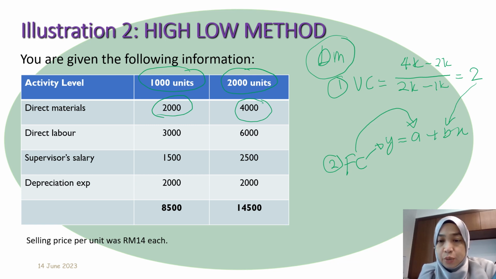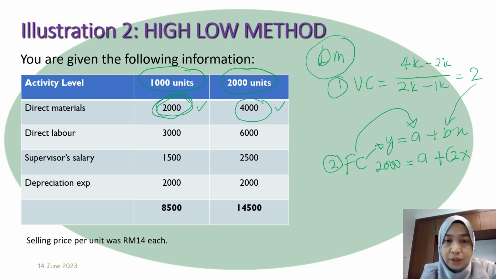Okay, let's say for y, total cost, you can take either 2,000 or 4,000 ringgit. Let's say you take y equivalent to 2,000 ringgit. That means a is constant, fixed cost, plus b is 2 ringgit just now. Now when y is 2,000 ringgit, the activity level x is equivalent to 1,000 units.